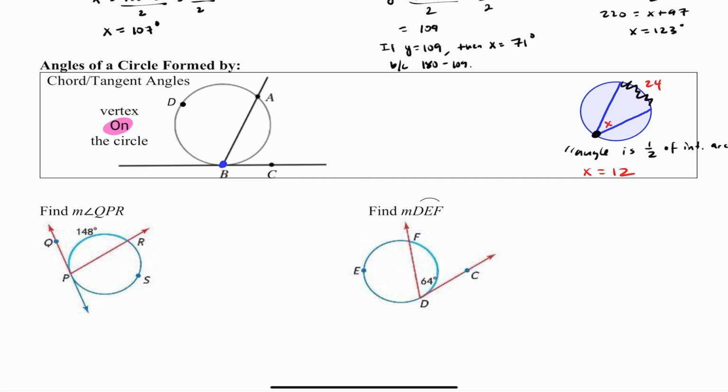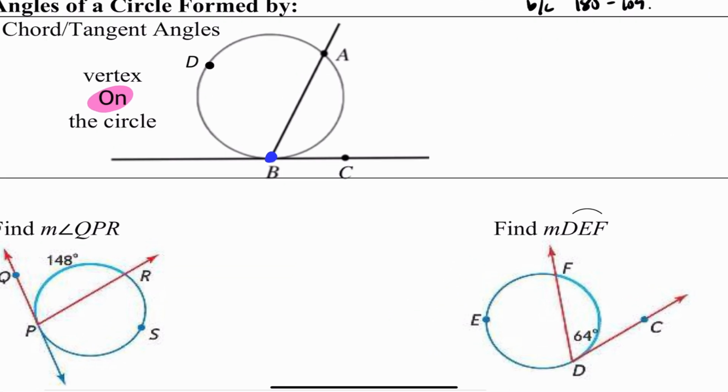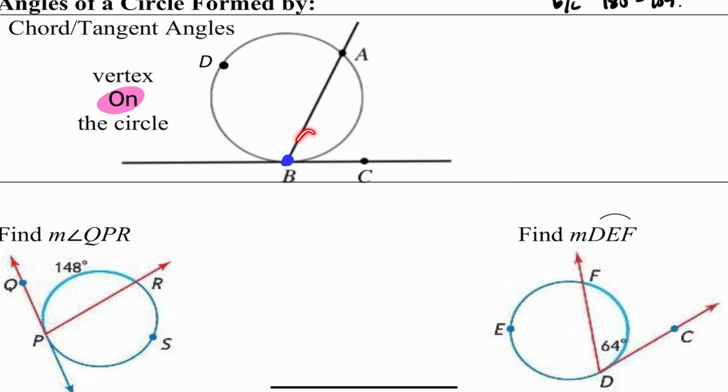With this one, it's the same idea. Let's label this angle 5, and this angle 6. Again, the vertex is on the circle. The measure of angle 5 is 1/2 of its intercepted arc, so 1/2 of the measure of arc AB.